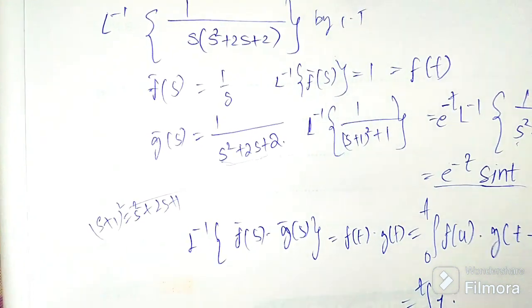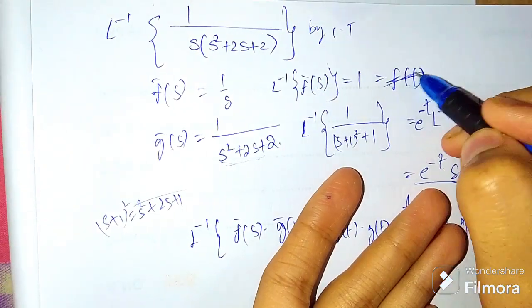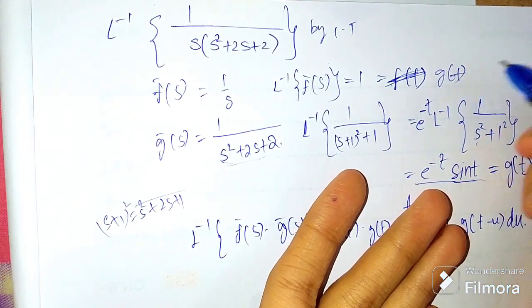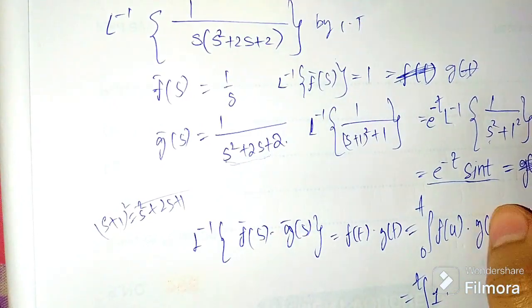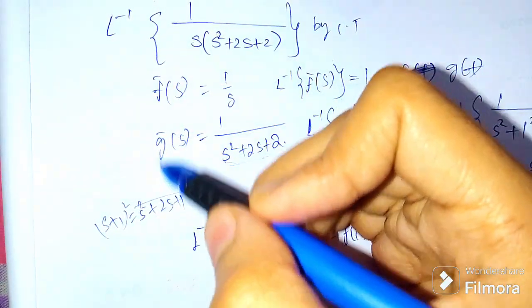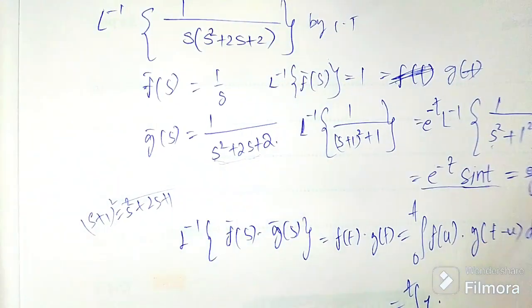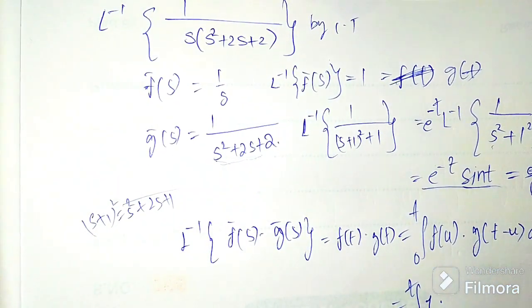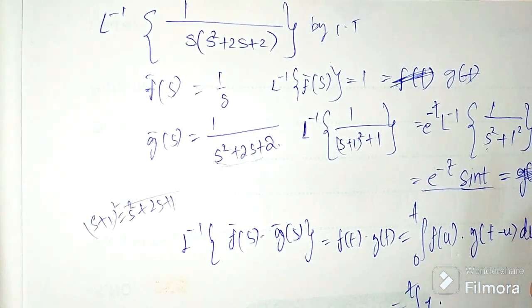Or else, directly I'm taking, instead of f of t, this will be my g of t, and this I can take as f of t. There is no problem in taking it in reverse. Simply we'll write here g bar of s and f bar of s, or we can consider g of t, and we can write this in the exam also. Why? Because we want to put t minus u in an easy function so that we don't get a lengthy question.